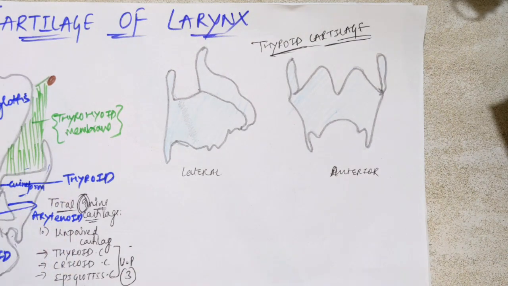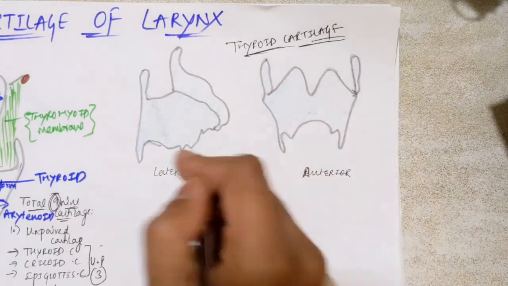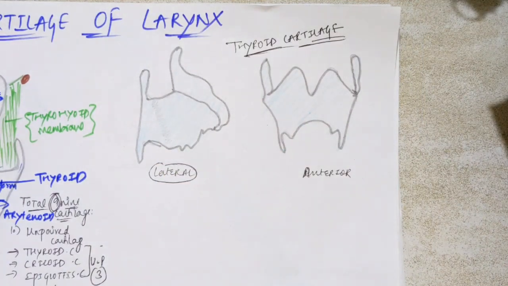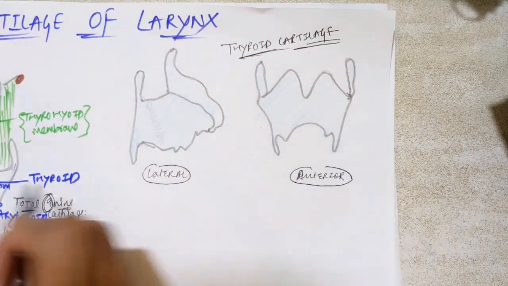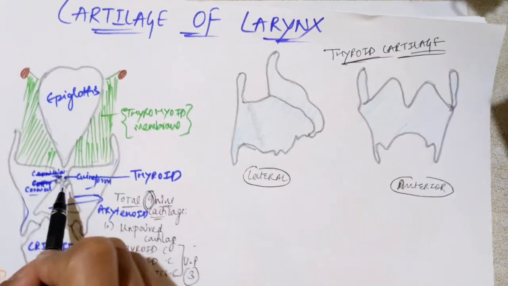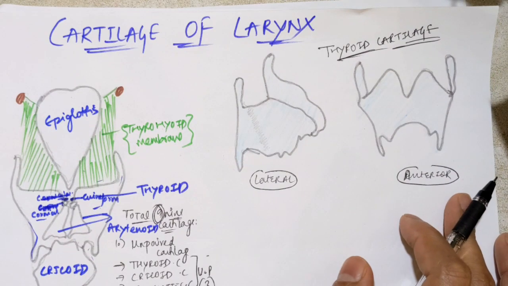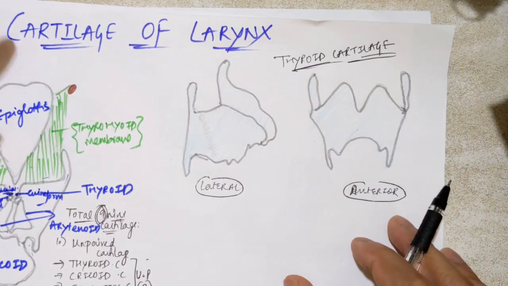Now we will be discussing thyroid cartilage in detail. You can see this is the lateral view of thyroid cartilage, and this is the anterior side, and this was your posterior side. First of all we will see the labeling.